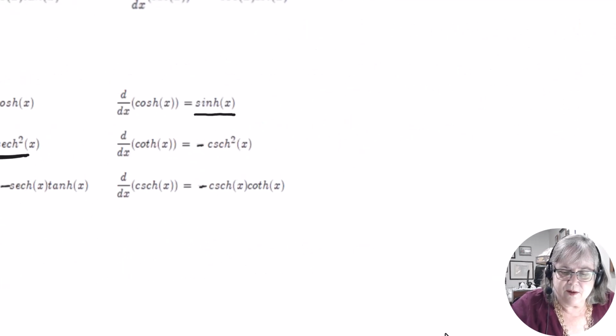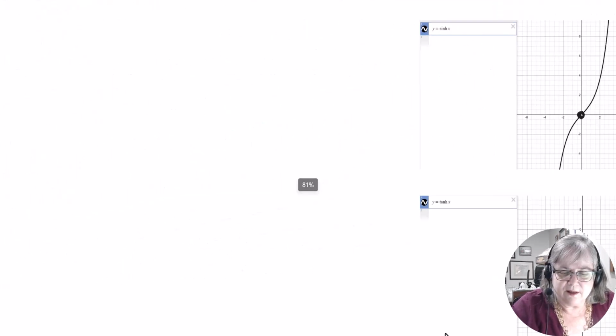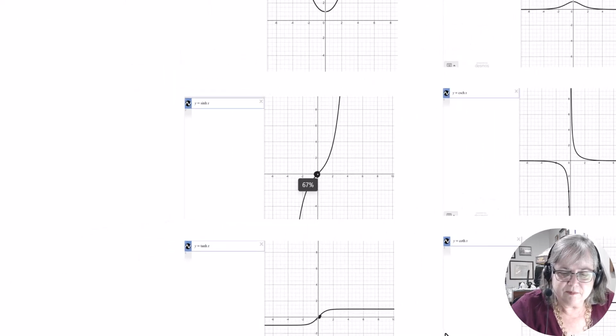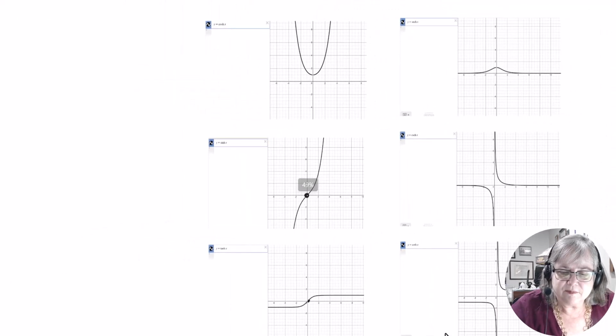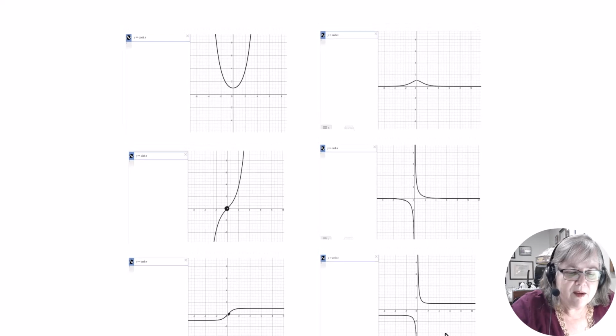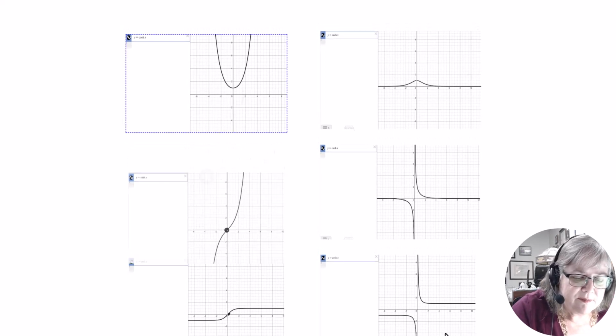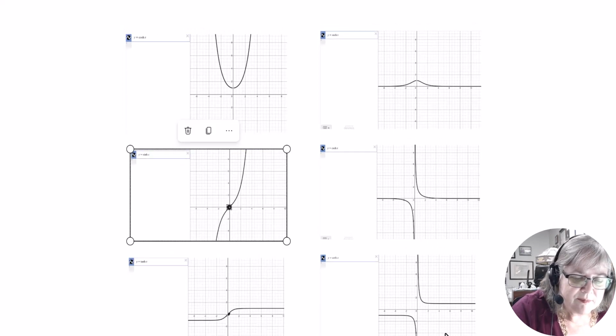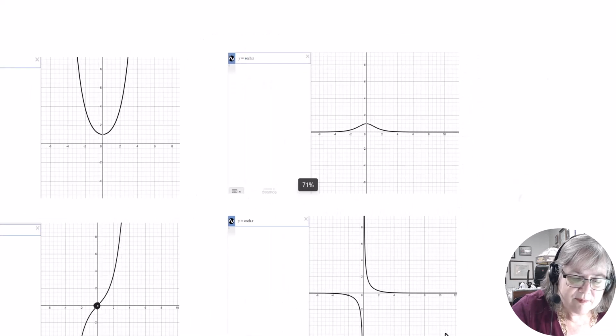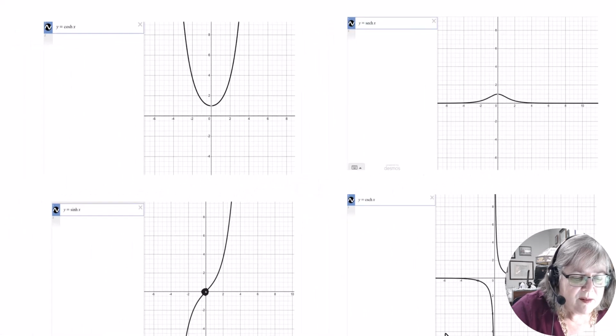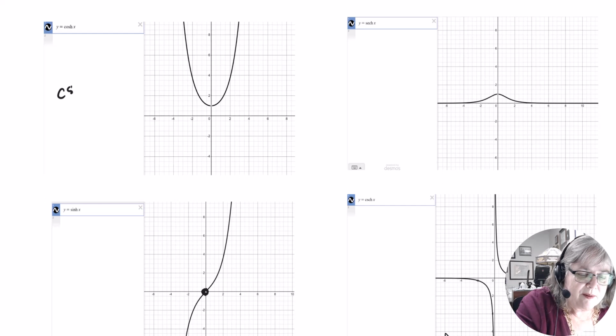All right, so I'm going to shrink these down a little bit. And this is the hyperbolic cosine, hyperbolic sine.